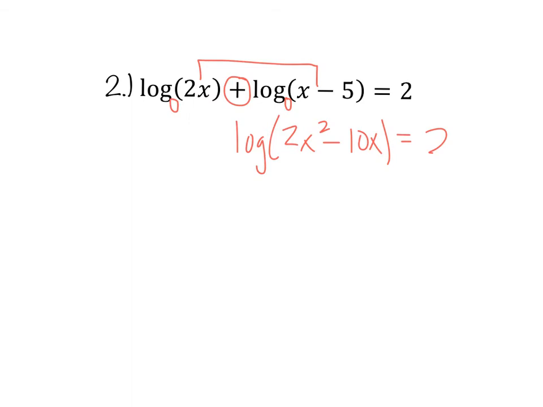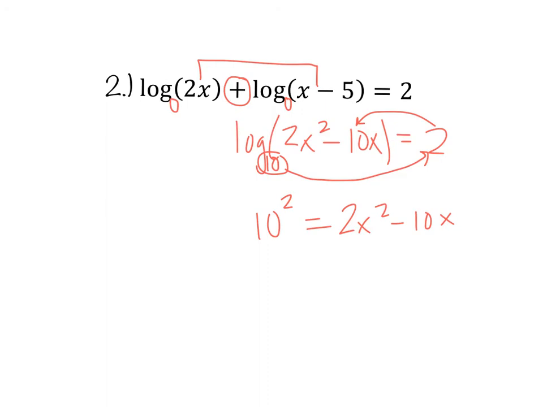Now I can use the exponential form to solve this. Since it did not tell me what the base was, we assume it to be 10. We start with the base, 10, go counterclockwise, squared equals what's in here, 2x squared minus 10x. 10 squared is 100.